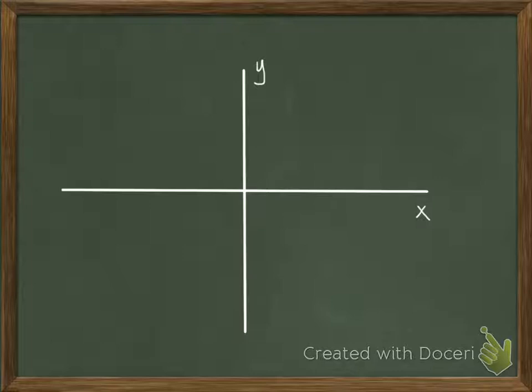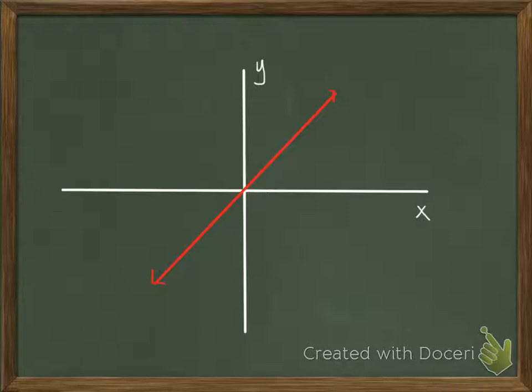And again, I'm not putting numbers on here, but a parent function looks very similar to this. And we always want to put arrows at the end indicating that it goes on forever.